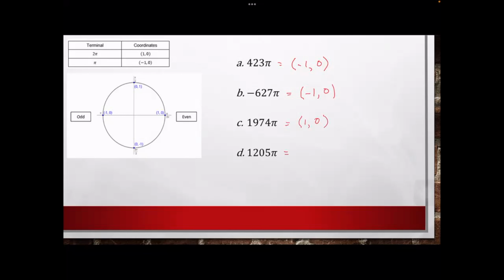And the last, Pablo. This is 1,205. Odd po. So this is odd. So the last digit is 5. So this is odd. So therefore, we will have negative 1 and 0 as the answer.